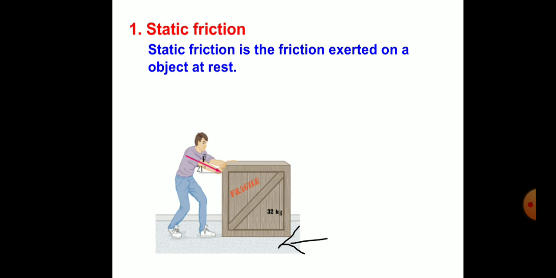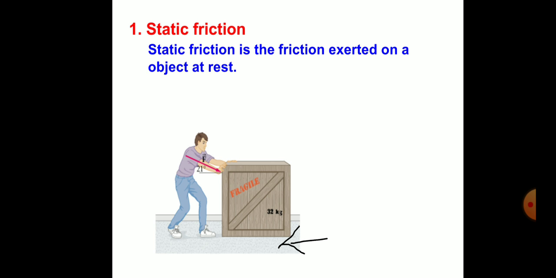So when we apply a force, there exists a frictional force acting opposite to the direction of the force which we apply. This frictional force is called static friction. If the man exerts force more than the static frictional force, then the box starts to slide over the surface.